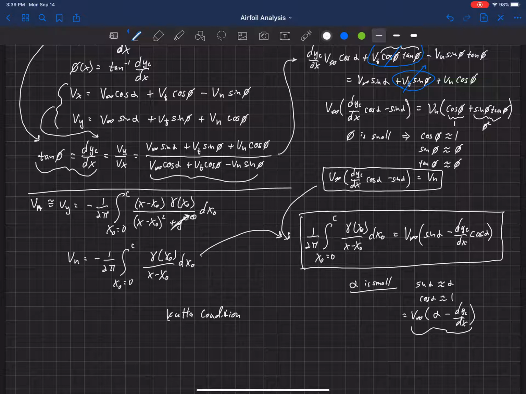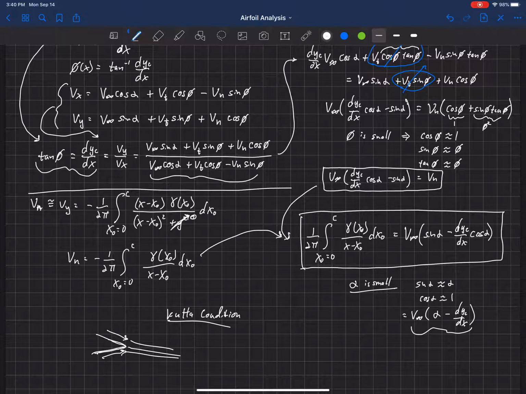So the Kutta condition simply states that at the trailing edge of an airfoil, we want the velocity to come off of this airfoil so that the velocity is tangent to the direction of, or I guess the average of, the angle here. So it would come off tangent to that angle there.